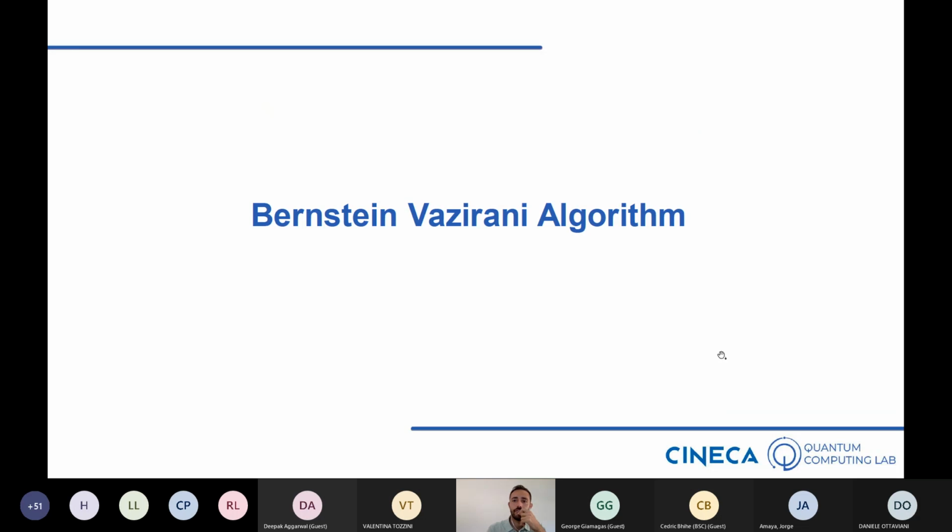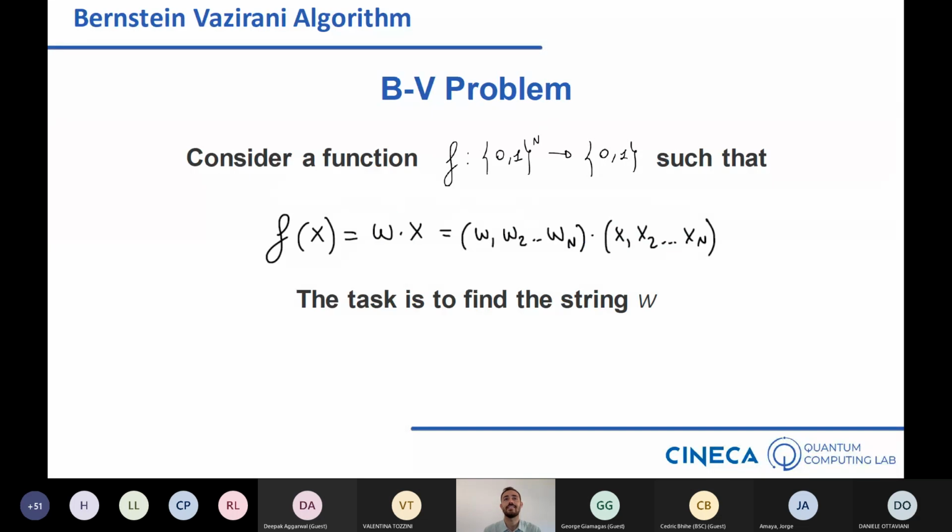If not, I'm going on with the next algorithm, which is not so different from the previous one. This is the Bernstein-Vazirani algorithm. Let's say this is the problem it solves. We consider a function f, like before.